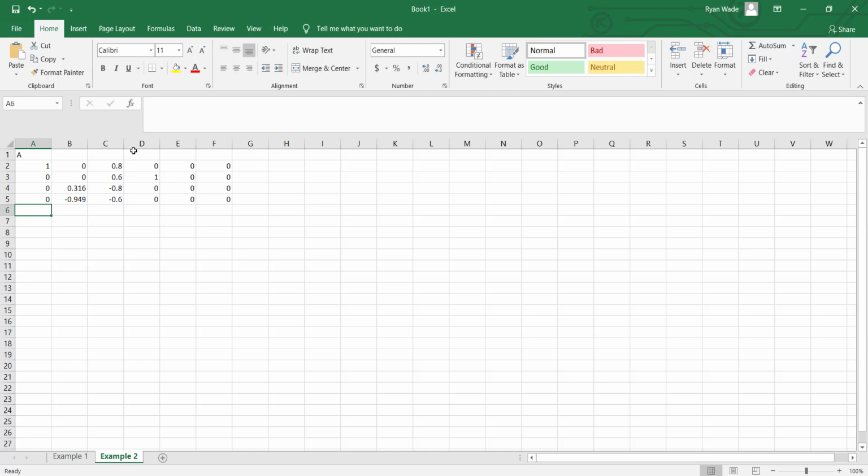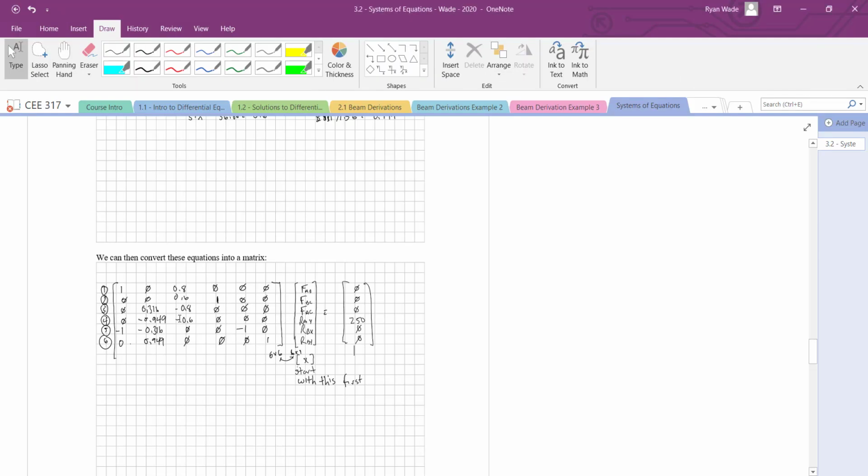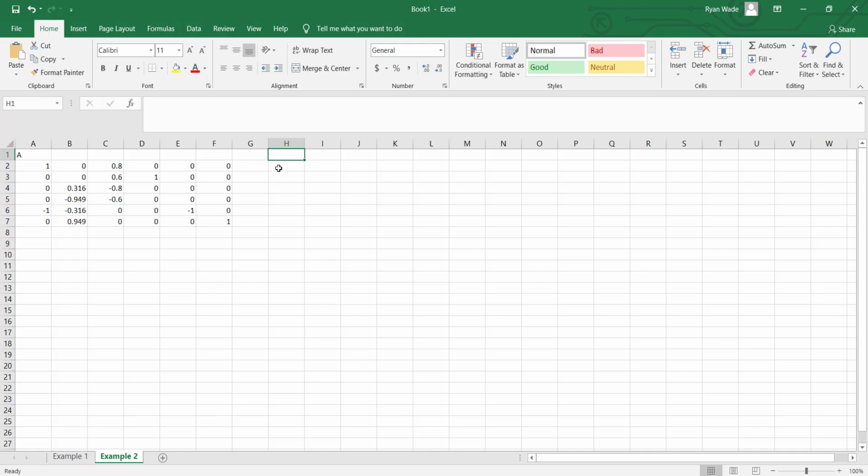All right, so that's my A matrix. I just transferred everything that I had in my notes, in the equations I came up with, and now I just have to transfer these.